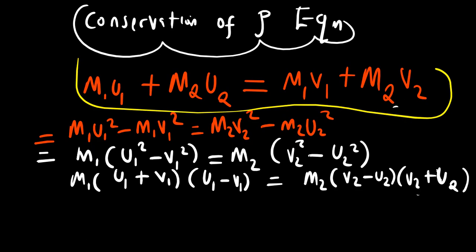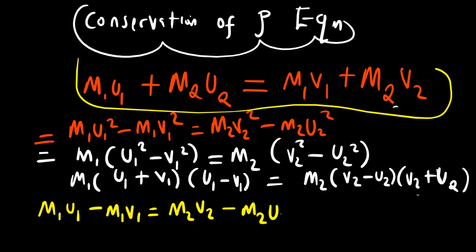Now what about the one for momentum, the one that is on top here? So if that is the equation, let's also put the ones with ones on one side, and the ones with twos on the other side. So I'm going to write it in yellow. I'm going to have m1 u1 minus m1 v1 will be equals to m2 v2 minus m2 u2.